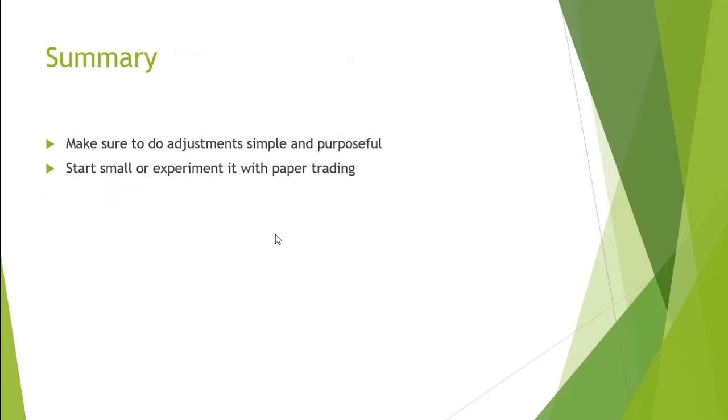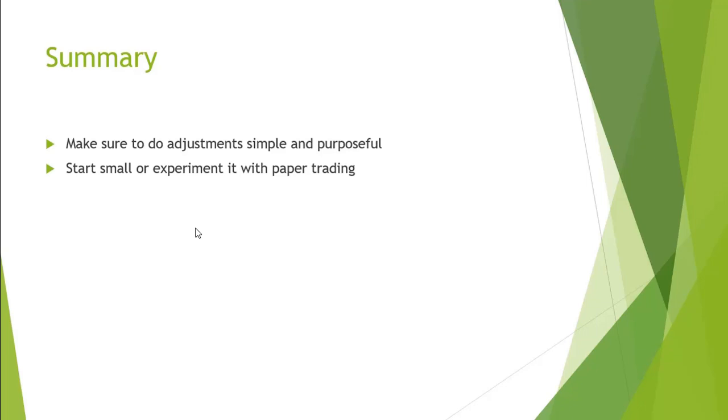So the summary is, make sure to do adjustments in a simple and purposeful way. Do adjustments only whenever necessary, and don't make the position complicated. And always start small. If you have the margin for 10 lots, never trade 10 lots. Instead, trade with minimal lots, for example 2 or 3 lots.